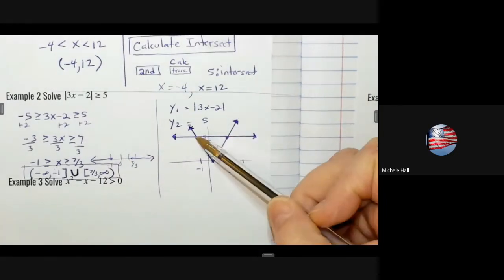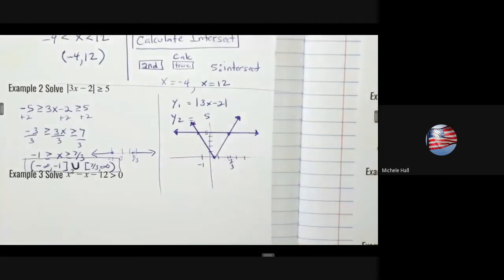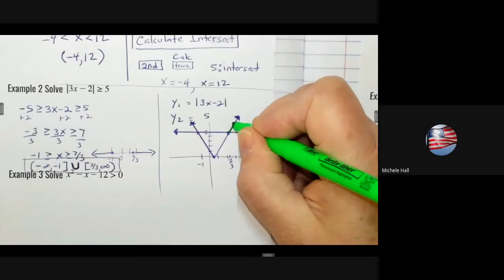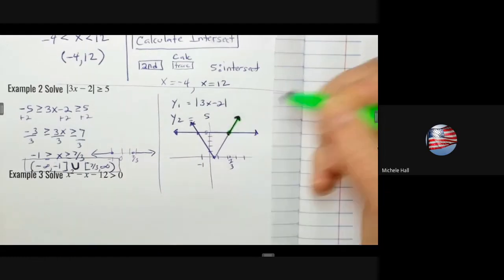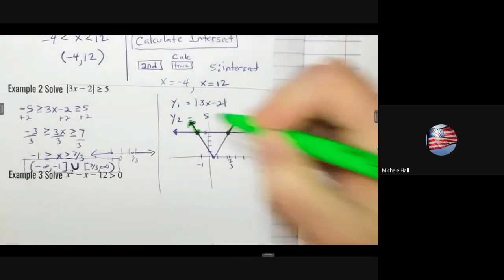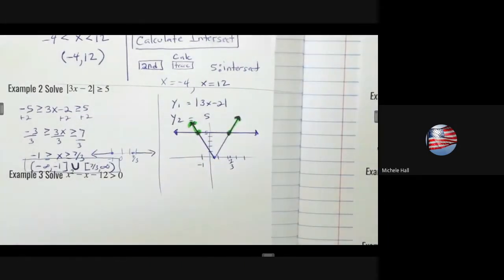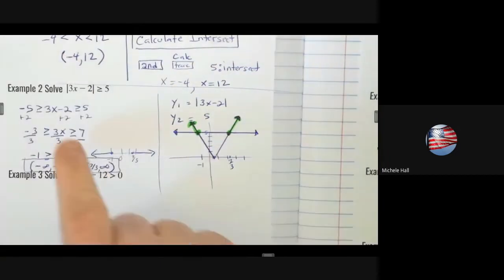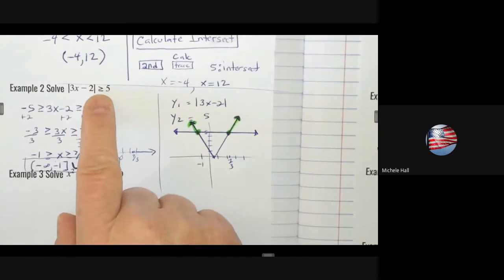Equal here and greater. This time, we're looking at an infinite solution. It does include these places, and it goes out, out, out to infinity. That is where the absolute value is greater than or equal to 5.